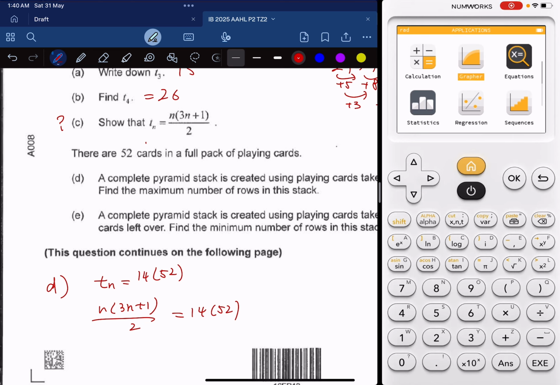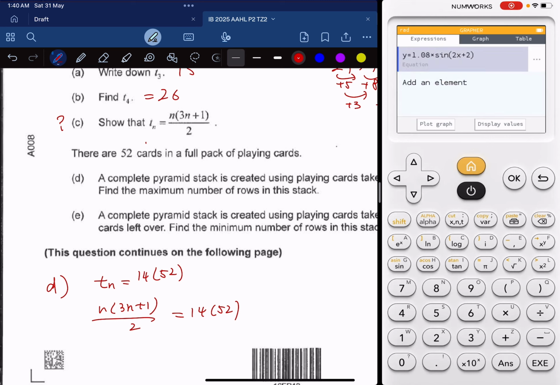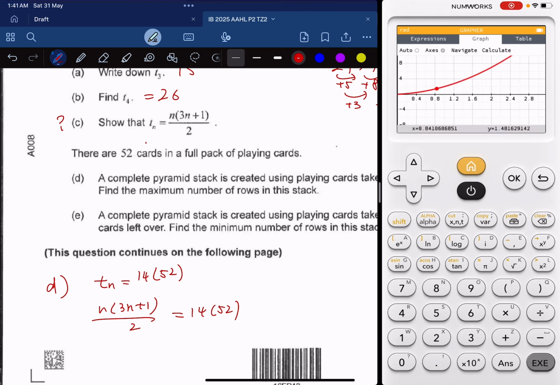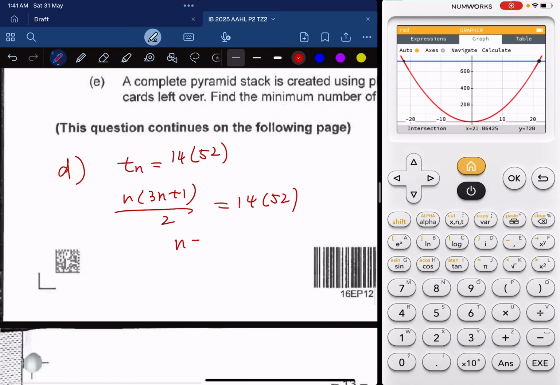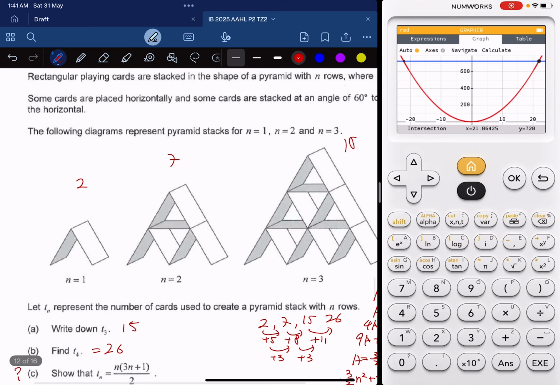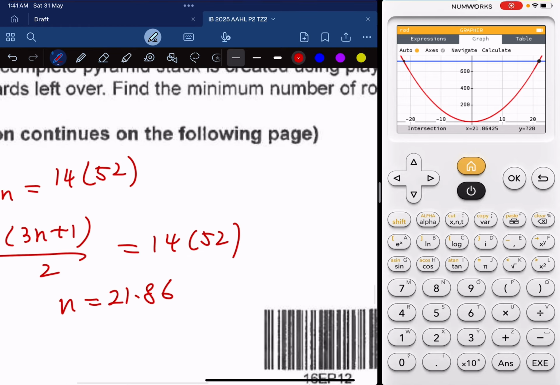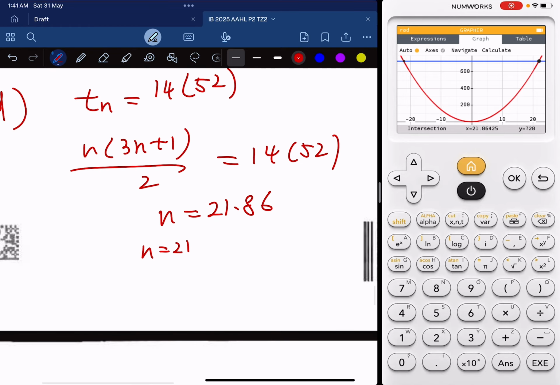So graph x times 2, and then make this equal to 14 times 52. So 21.86. So meaning you can make 21 rows and a bit more. So therefore the answer is 21 rows. Okay.